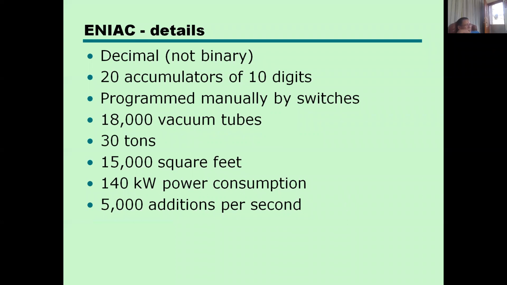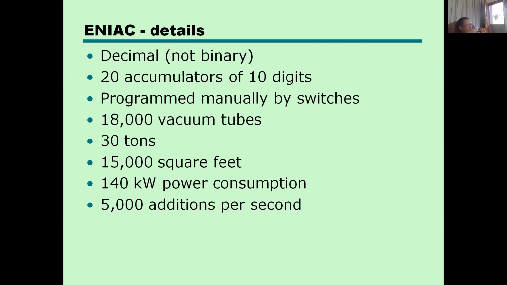So this is the ENIAC. Basically, it's a decimal computer, like the analytical engine. Do you follow? And it has 10 accumulators of 10 digits. That's one of the main differences between Charles Babbage's design and ENIAC. ENIAC was designed by J. Presper Eckert and John Mauchly, Moore School.